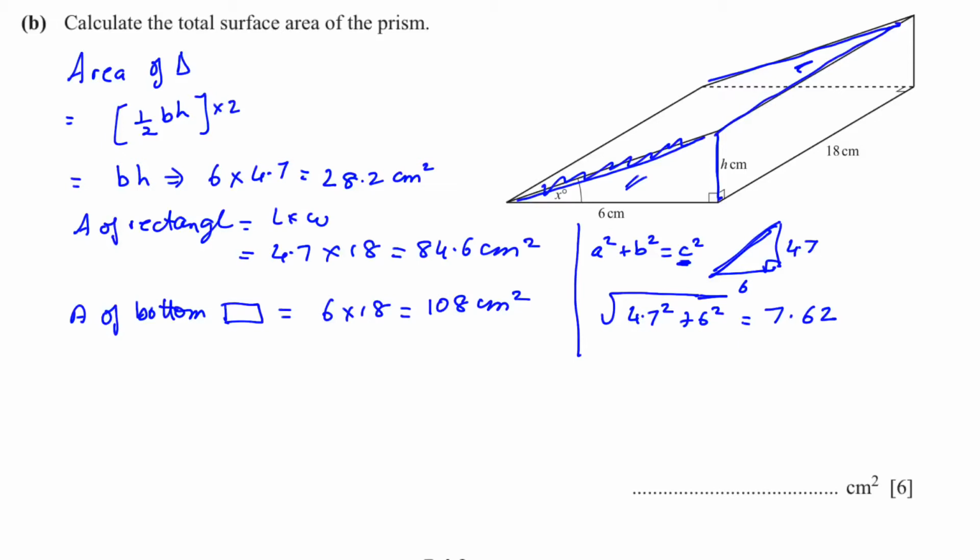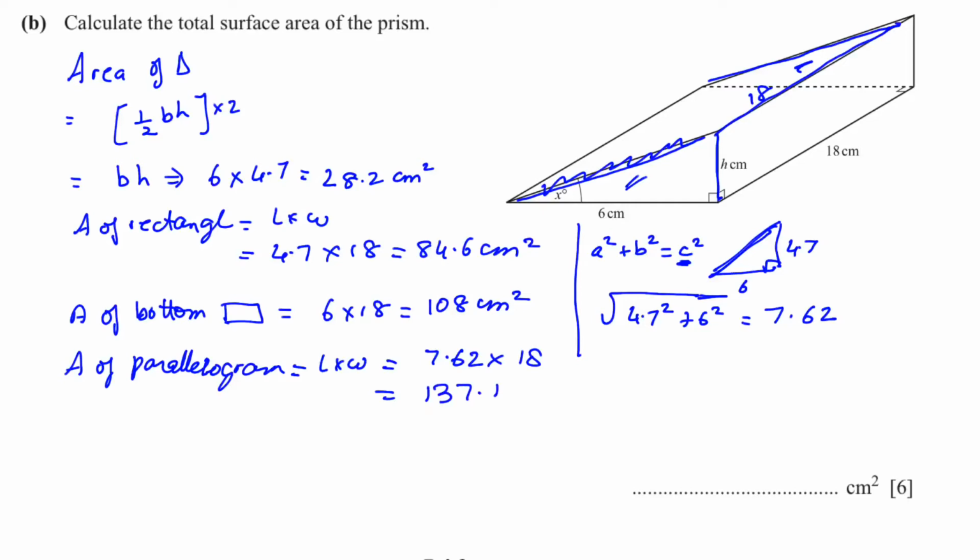Now the parallelogram. Area is length times width, which is going to be 7.62 times 18. This side here is 18. And we'll get 137.19.